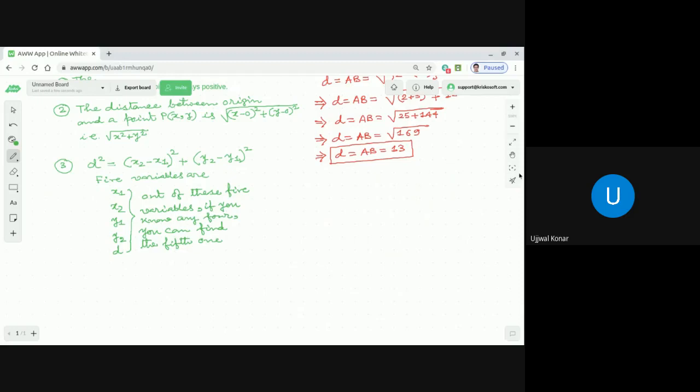Now, these are the fundamentals about the distance formula. What we are going to learn now is the distance properties in some geometrical figures.